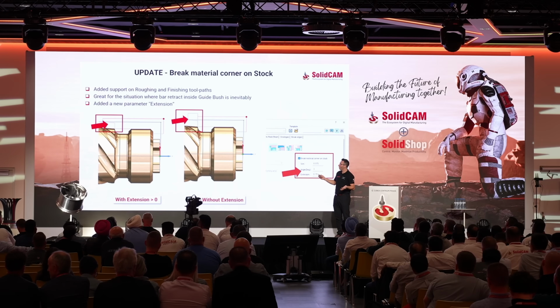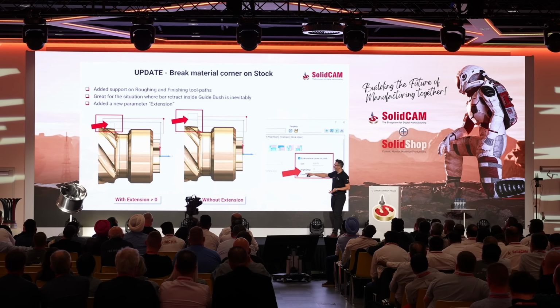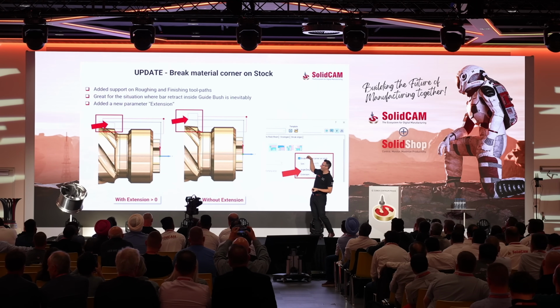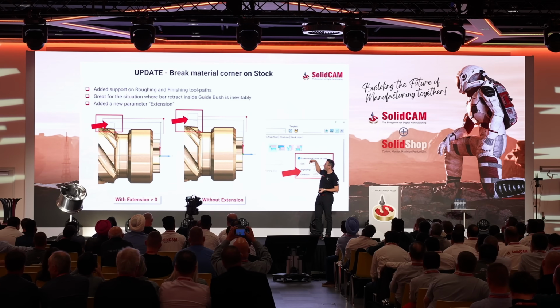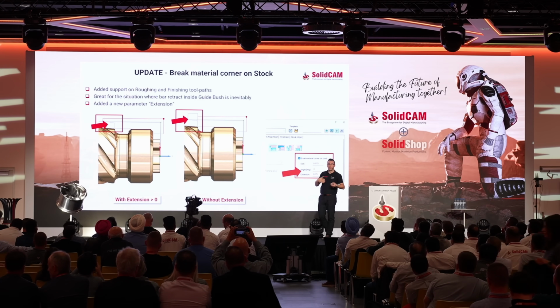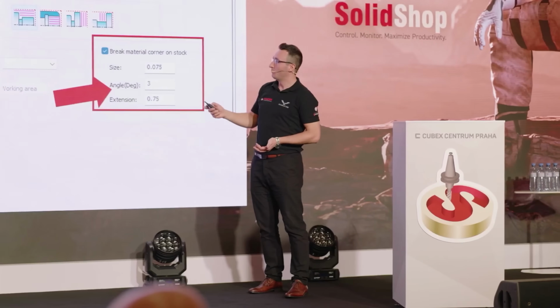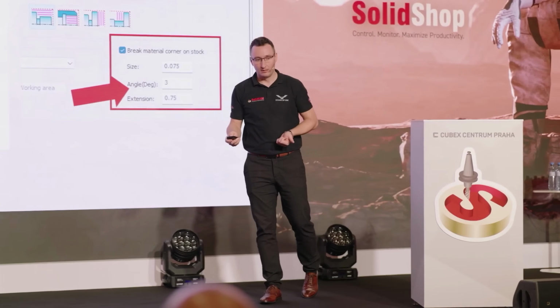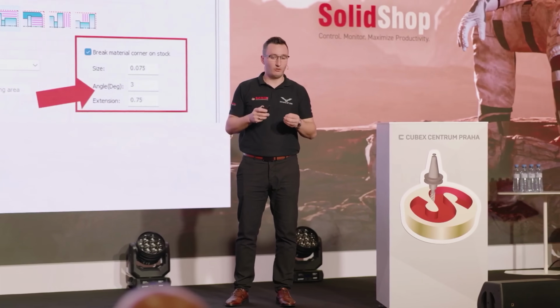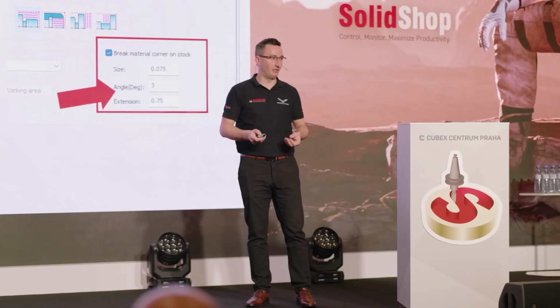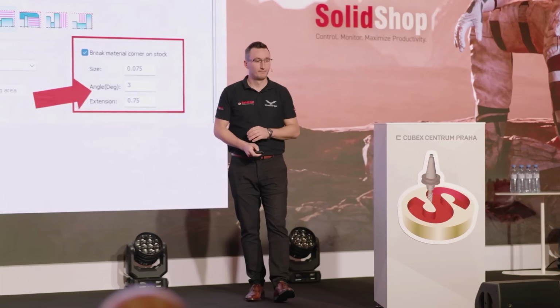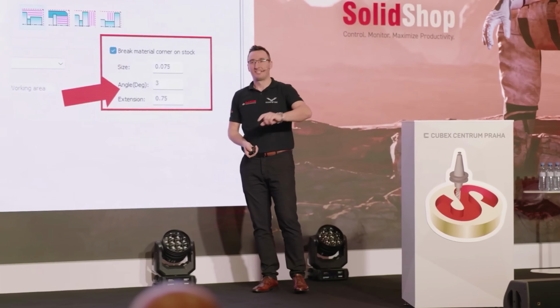But not only that, we add the extension, so we have basically two strategies. Either it will go directly and do it like that, or it will do it from the backside. Both advantages we supported. And also the great advantage that we did is that not only do you have it in roughing, but you also have it in finishing. Swiss type guys, they know how much this was needed.